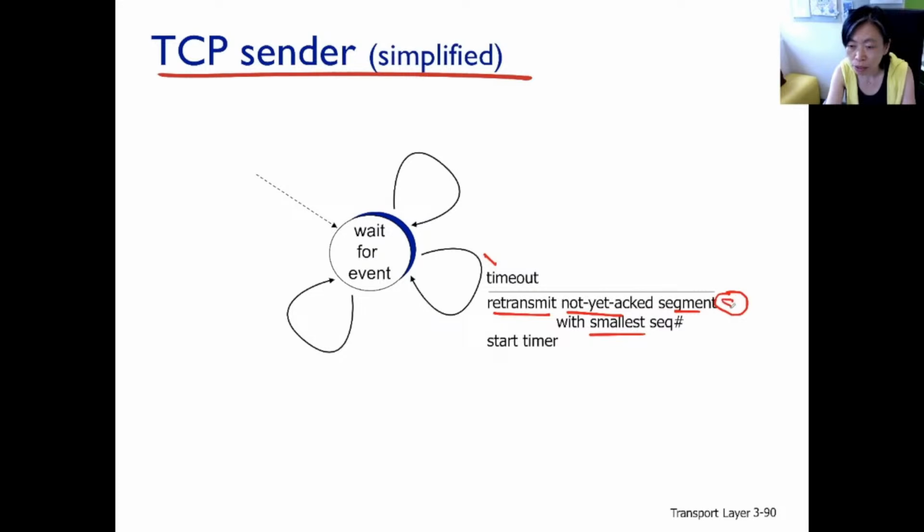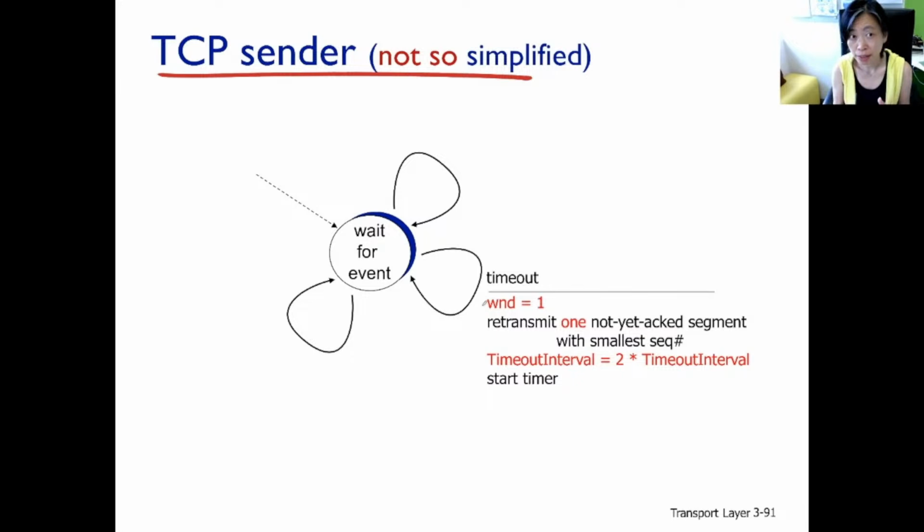You see, this is not in the plural form. So we retransmit just 1 segment and then start the timer for that segment. But this is really odd, right? So this is not really like go back N. This is not really like selective repeat either. This is in fact TCP's reliable data transfer mechanism trying to do a little bit of congestion control.